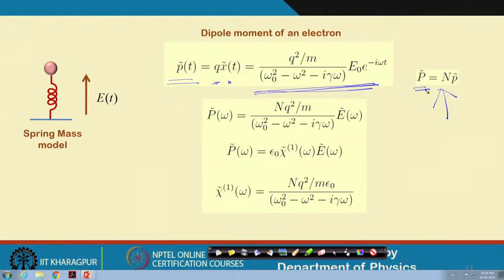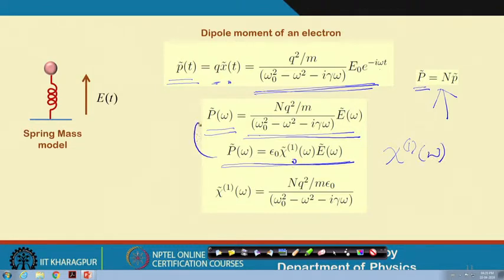Now P is a function of frequency, as I mentioned, because this omega is sitting here. So, P is n times this quantity, and in the previous calculation I found that P and E of omega are related through the function chi of omega sitting here.